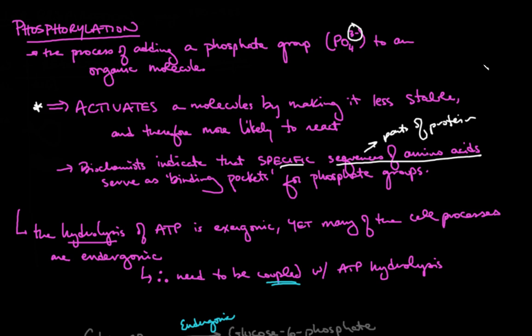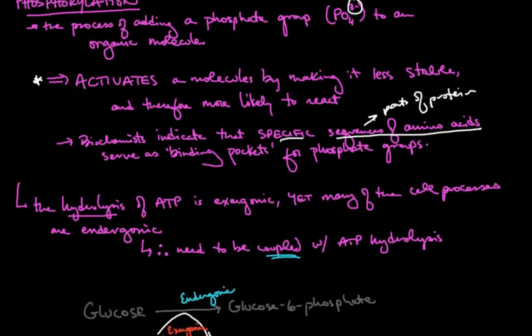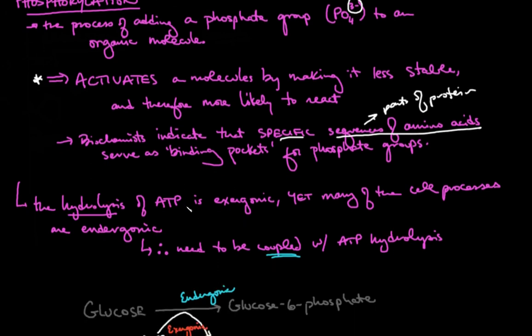We talked about this last time as well, that the hydrolysis of ATP, the breakdown of ATP, is exergonic, which means that it is releasing energy, yet many of the cell processes are endergonic. So for your muscles to contract, they need to absorb energy from the environment.